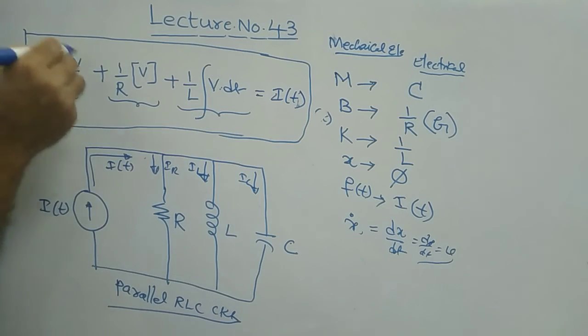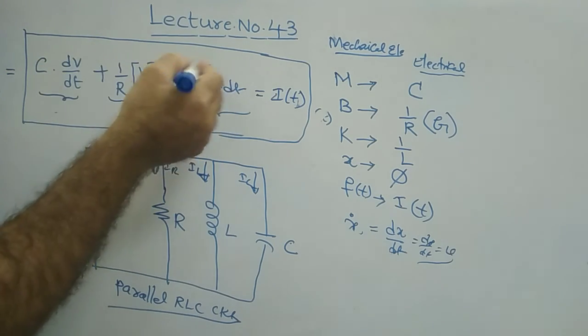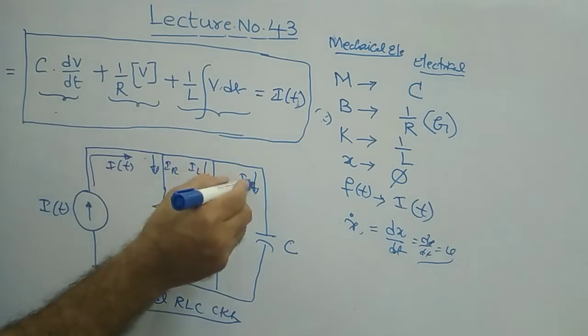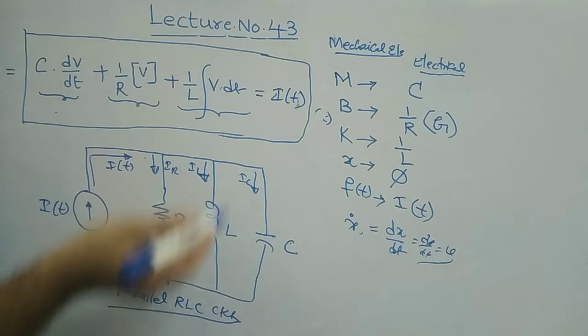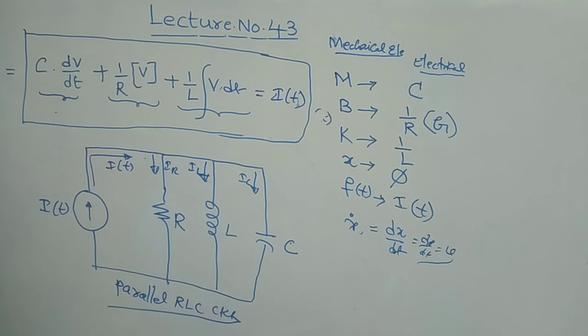If you combine all these, it is equivalent to total current I of t, means all are in parallel. This is the solution for that. With this is your force-current analogy representation for that simple block diagram. Clear? I think you understood well.